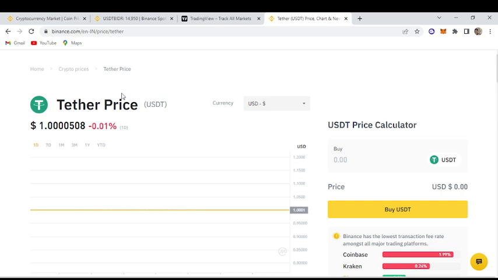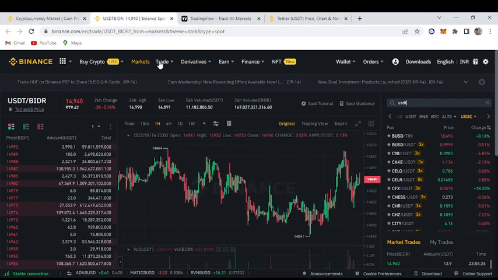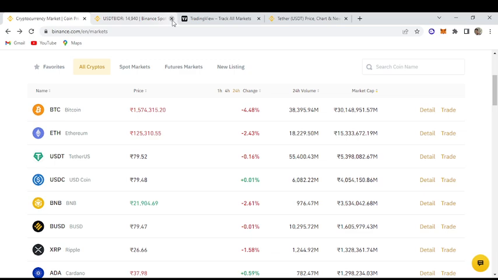USDT is the most famous stable coin people use. So you can buy BTC, Ethereum, Solana, or any coin, if there is a pair like BTC per USDT, Solana per USDT, Ethereum per USDT, ADA per USDT. All you have to do is buy some USDT from maybe your bank or any online transaction by P2P. So that's what USDT is.